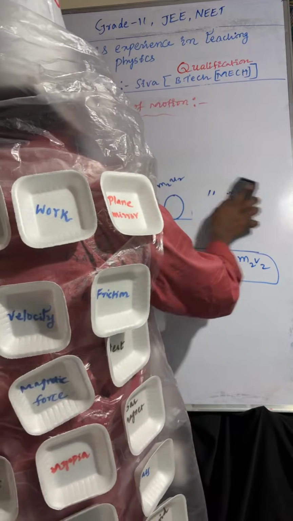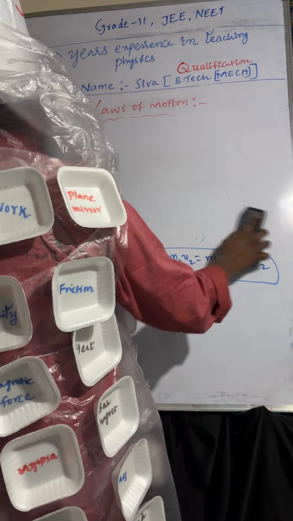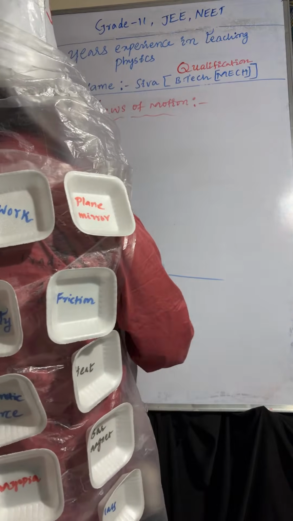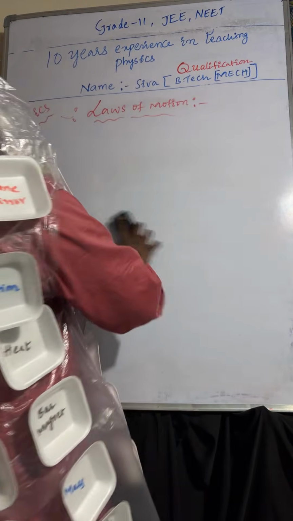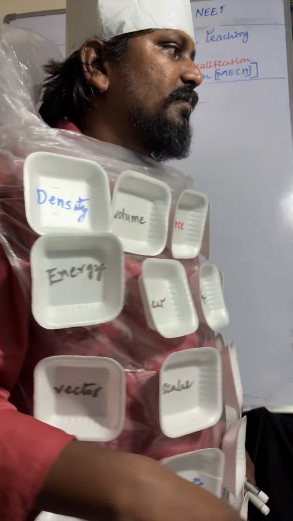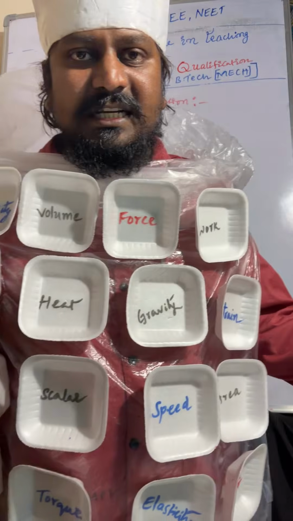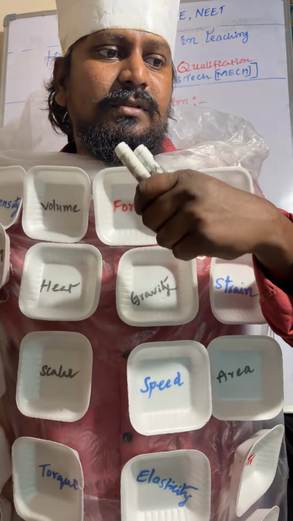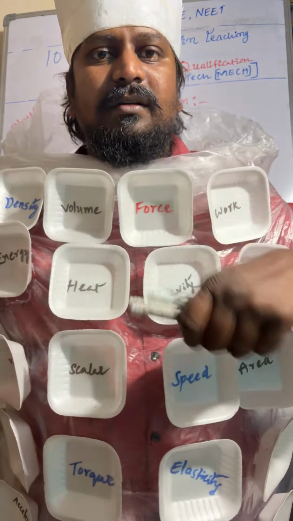Impulse is nothing but a large force acting in a short interval of time. If you take a bat, and suddenly the ball is coming, you are hitting it with a large force.